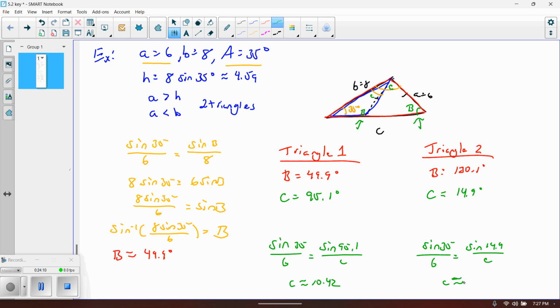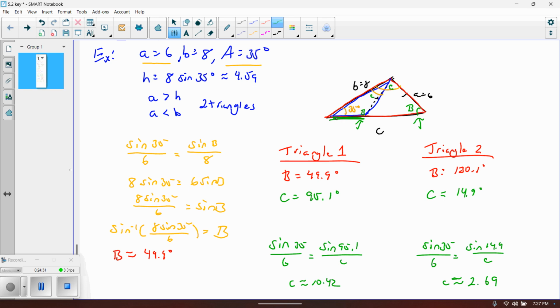So little c here in this case is going to equal 2.69. And that is definitely the smallest of the sides, and that should make sense because if you look at this piece right here, that is the smallest if you're using that part as C.